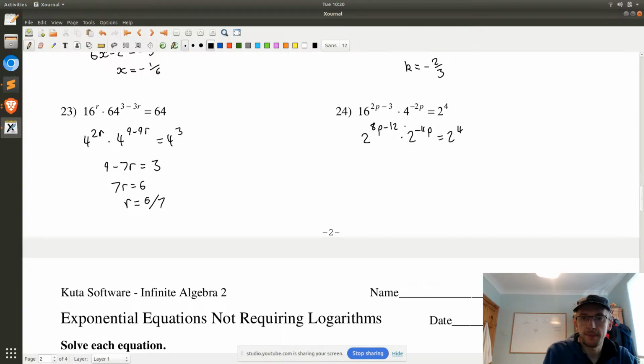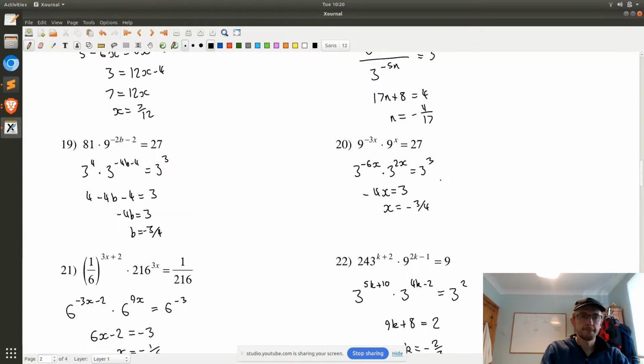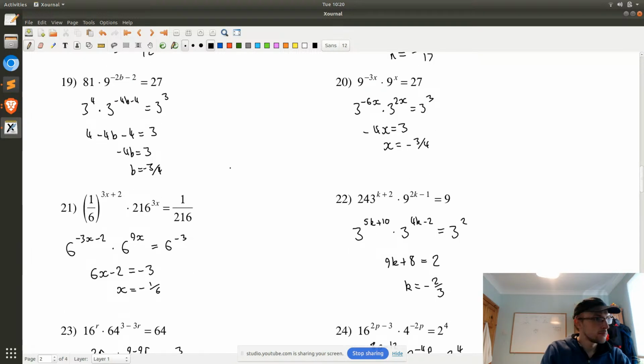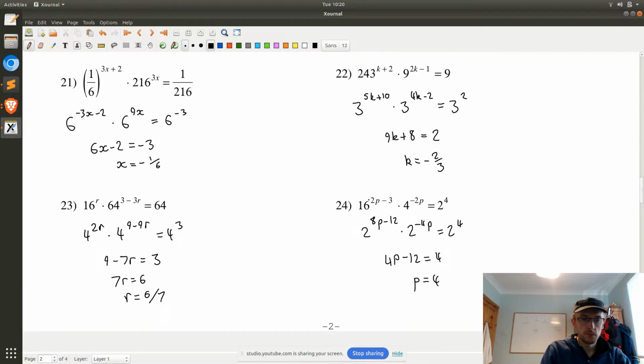And equate them and combine them. 4p is 16, so p is 4. And check. Okay, all good. All good.